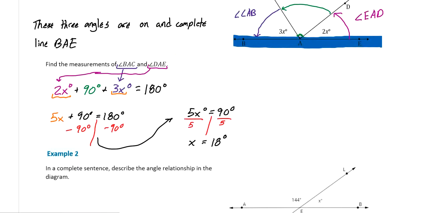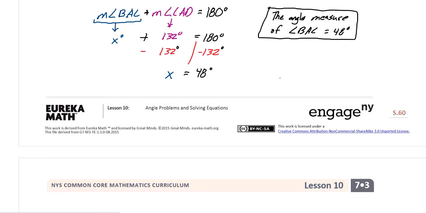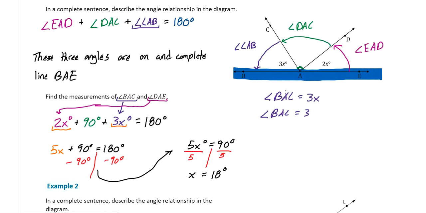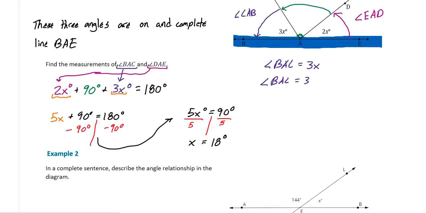So let's see. For angle measure BAC, that equals 3x. Angle measure BAC now equals 3 times 18, because x equals 18 degrees.